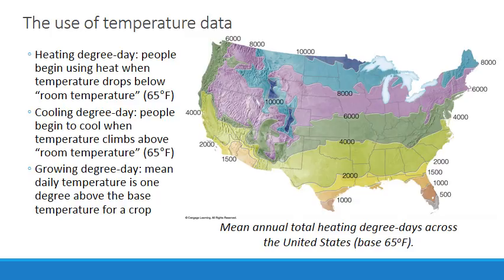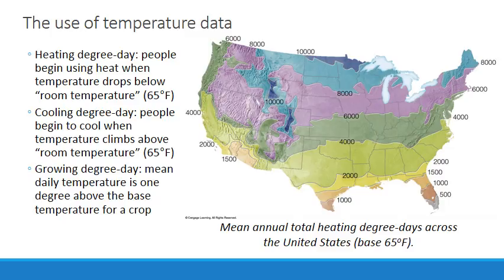So a day with a mean temperature of 50 has 15 heating degree days because 65 minus 50 is 15. One with an average temperature of 65 would have none.